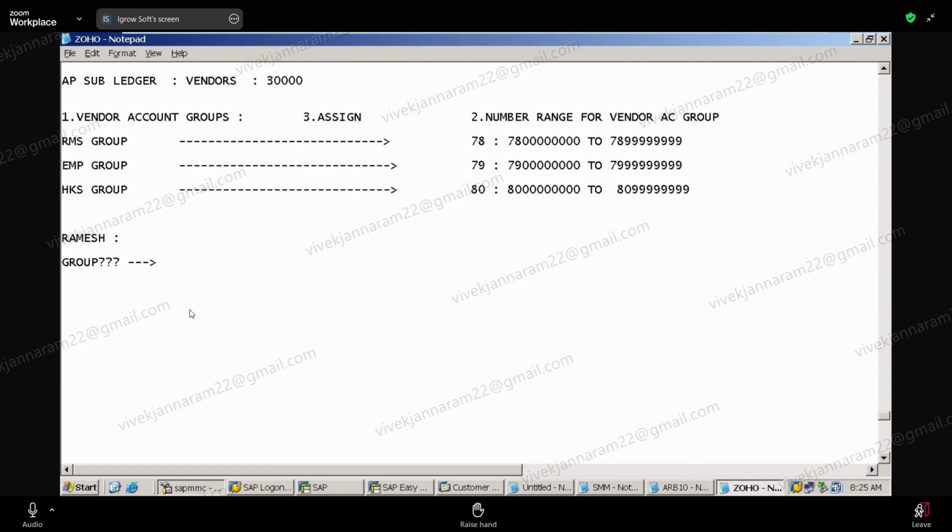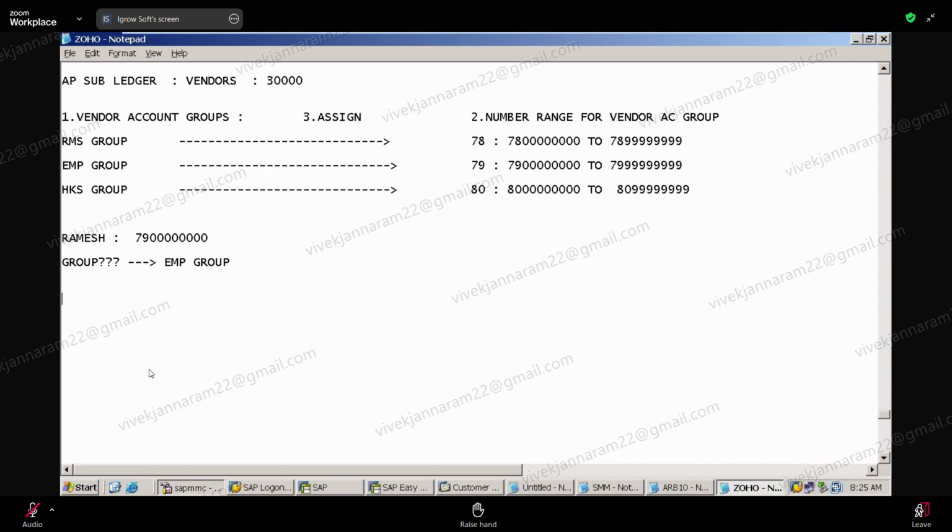Employee group, EMP group. It will definitely ask what the group is. So EMP group. What number will Ramesh get now? 79,000. Correct. We started with 0, so 0 only it will start. Is it clear?